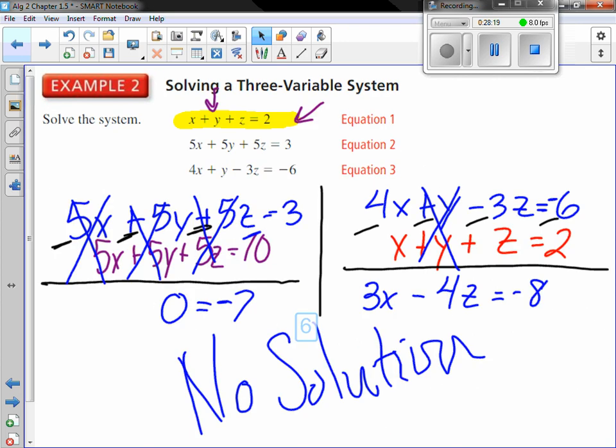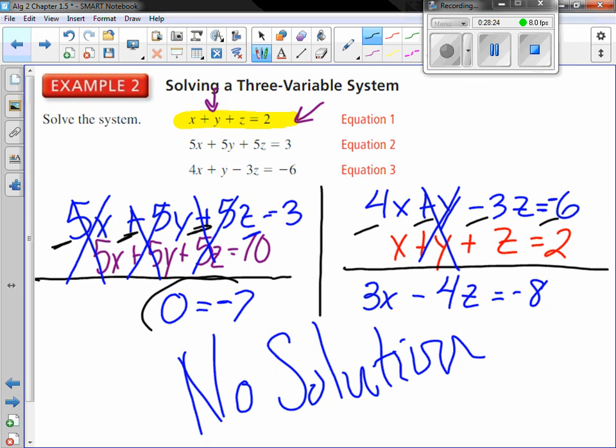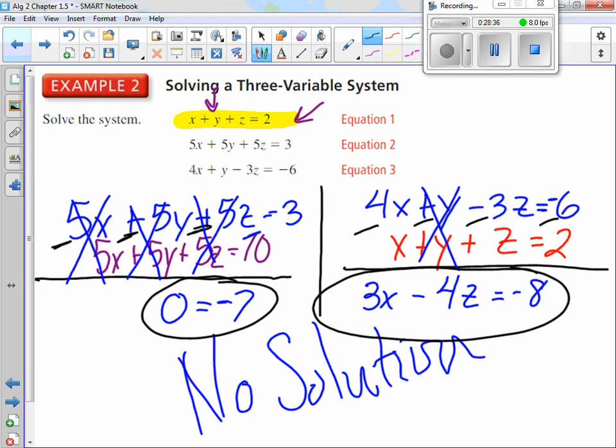So at this step here, if we'd not gotten 0 equals negative 7, if we'd gotten 0 equals 0, it wouldn't have been no solution. It would have been what? All real solutions along this equation here.